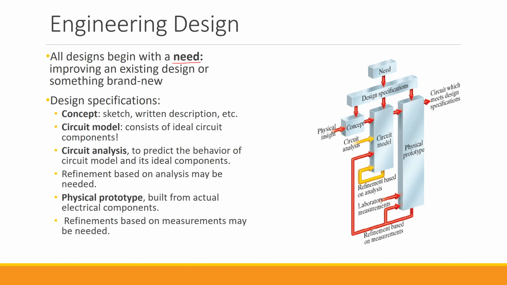After these steps are done, then it's time to build the physical prototype, in which you don't work with ideal components anymore. You work with actual electrical components. After you build the physical prototype, you do measurements and see if the results that you're looking for are being given by the physical prototype. If not, you may need to do additional refinements based on those measurements.